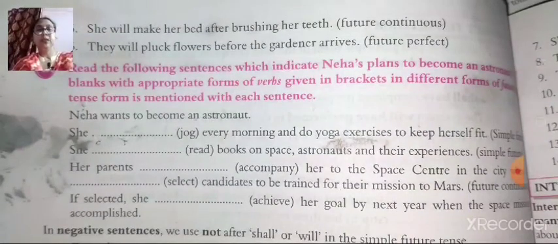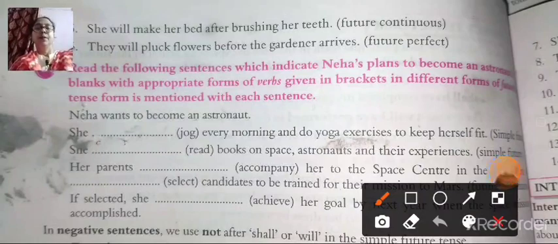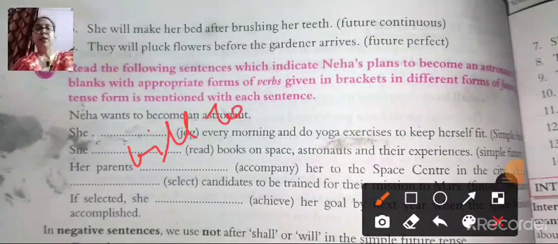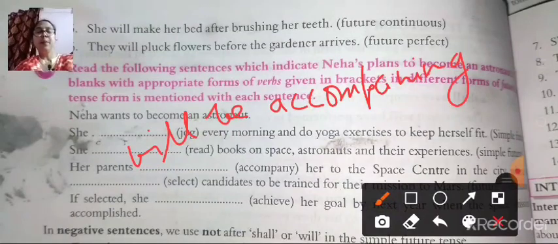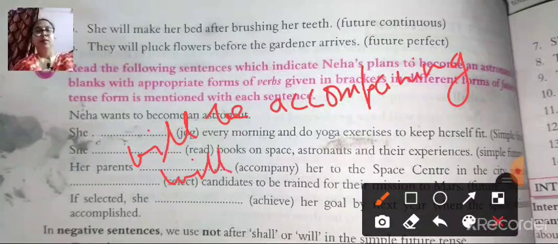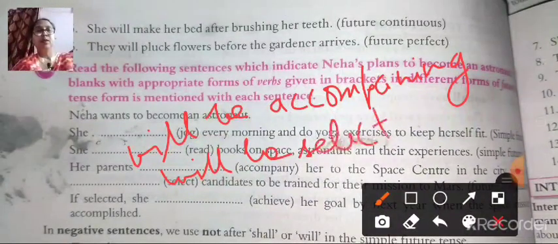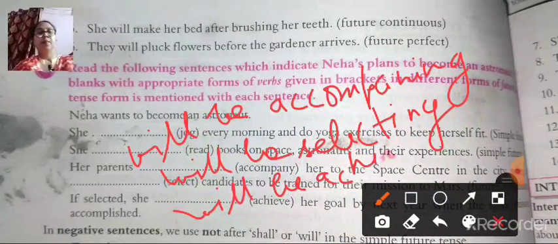That we are going to write in the future continuous tense, and the last line also. So we are going to write will be accompanying, and here will be selecting, and in the last line you can write will be achieving. So completed, children.